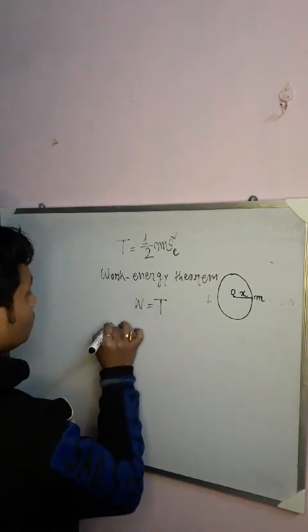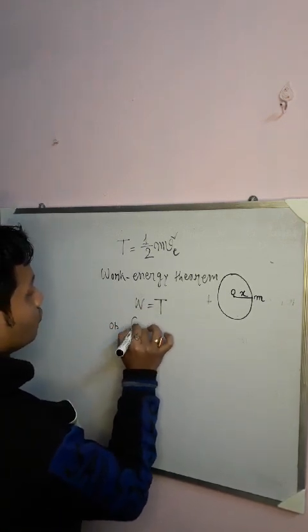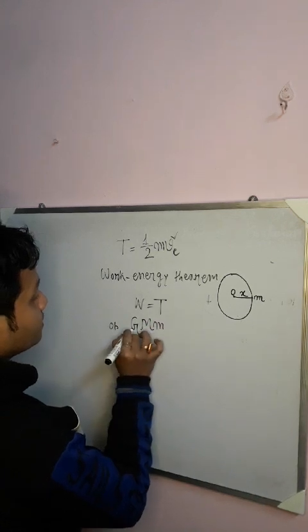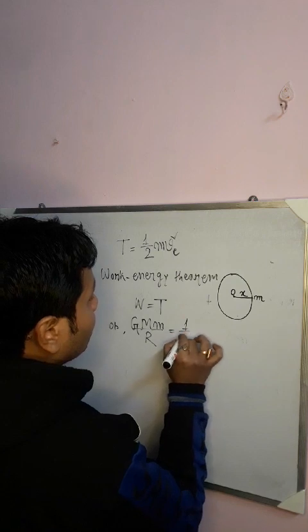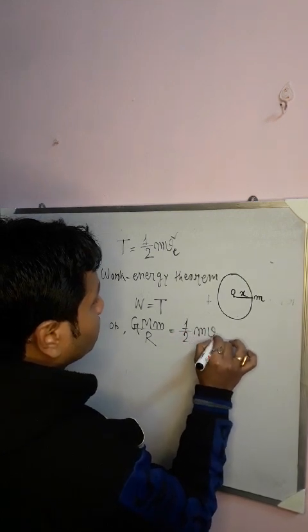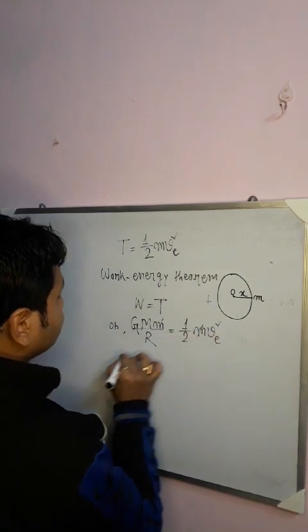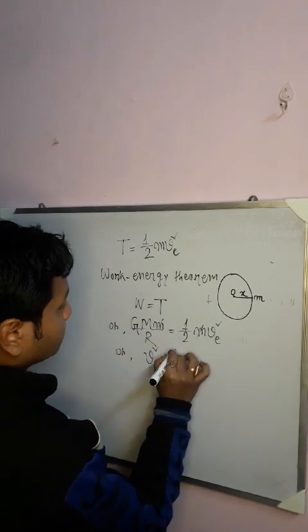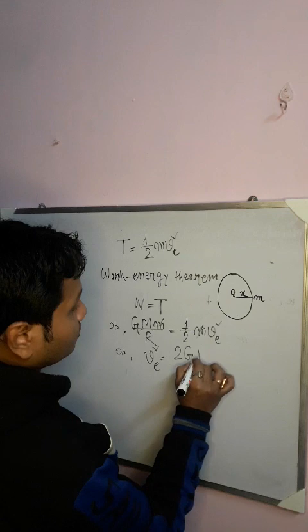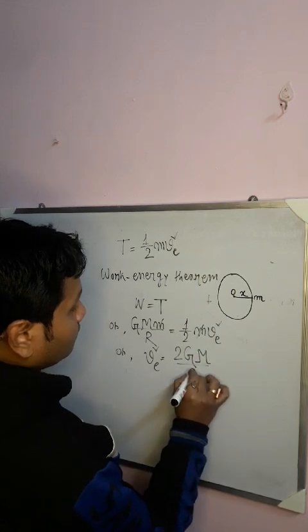We found the work to be GMm by R, and this equals half m into ve square. Cancelling m, ve square is simply 2GM by R.